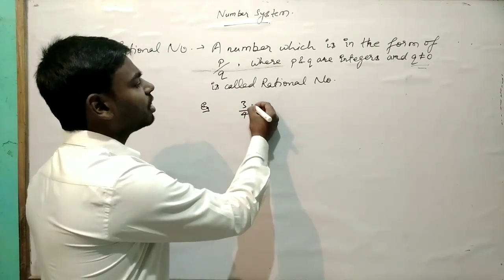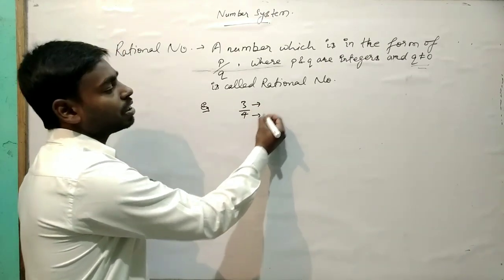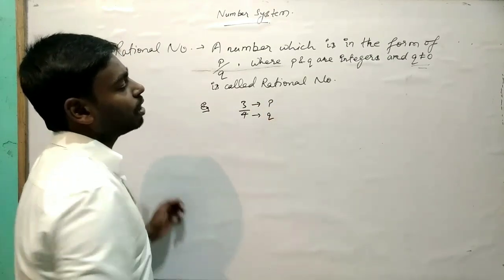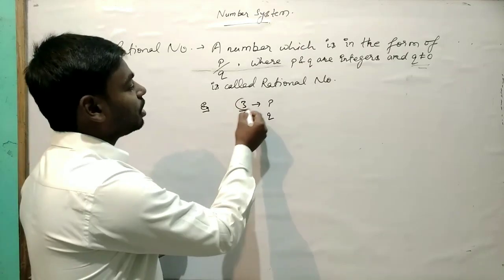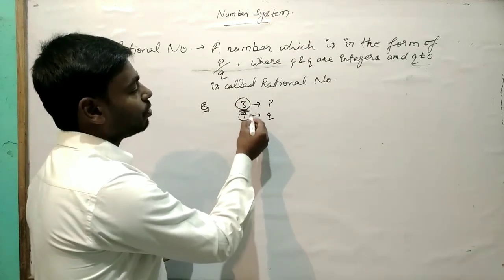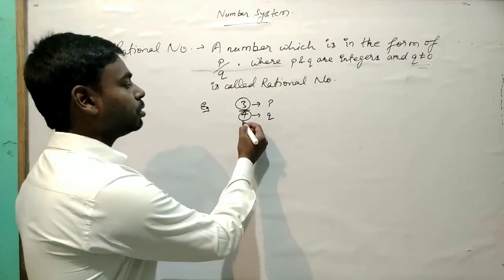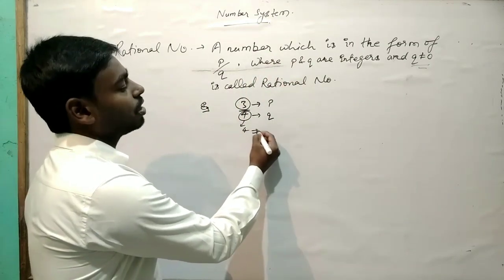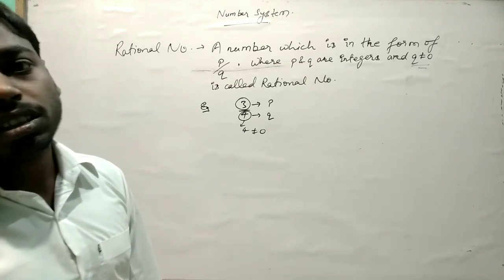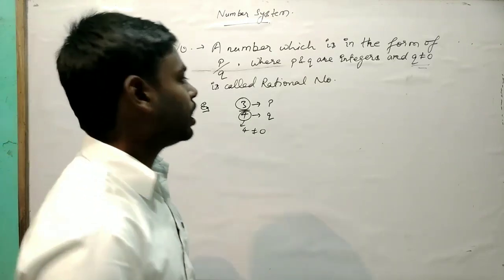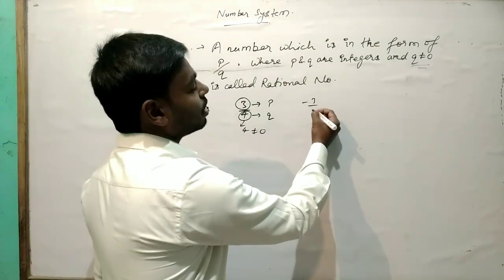3 by 4 is a rational number because it is in the form of p by q. 3 is an integer and 4 is also an integer, and q is not equal to 0. 4 is not equal to what? 0. So it is a rational number. Next example, minus 3 by 7.